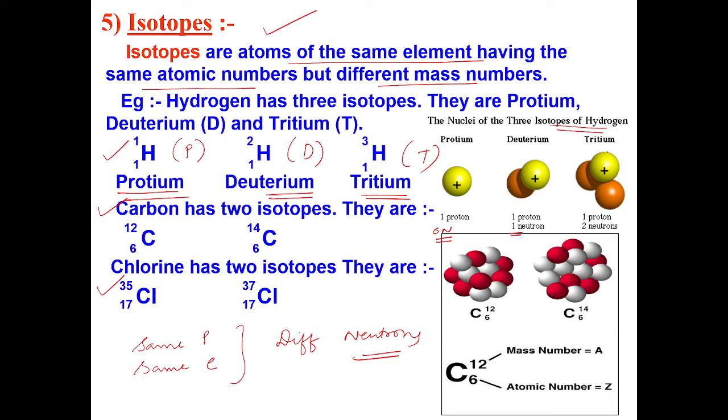In tritium, there is 1 proton and 3 minus 1, that is 2 neutrons. Isotopes have the same chemical properties because they have the same electrons, but their masses are different because of the difference in the number of neutrons.